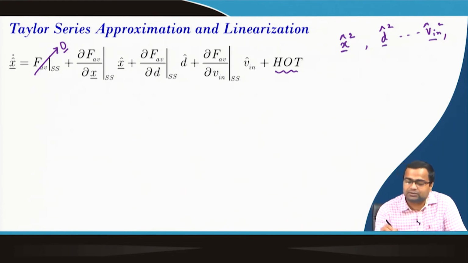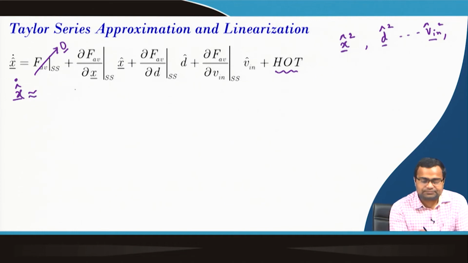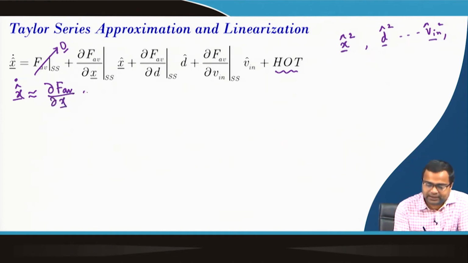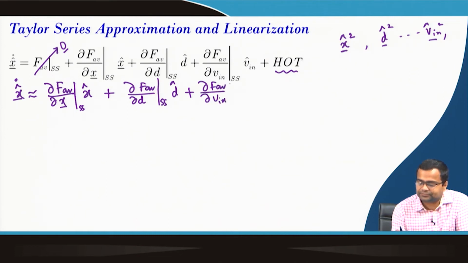Under that assumption, this can be dropped, and x hat dot can be approximated as dou f average by dou x into x hat, plus dou f average by dou d computed at steady state into d hat, plus dou f average by dou v_in computed at steady state into v_in hat.